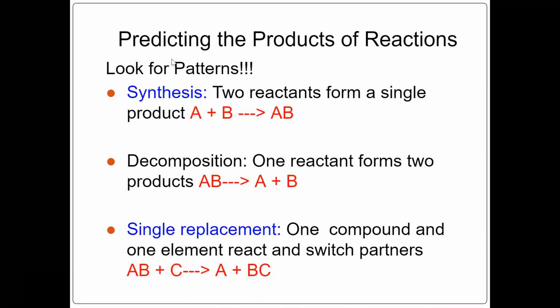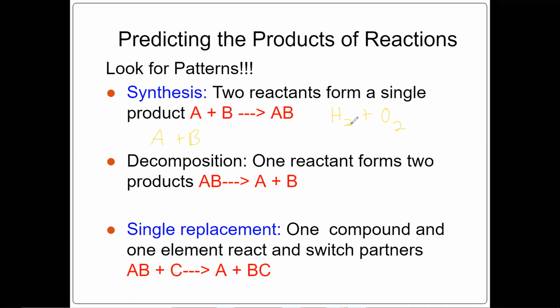So that's where recognizing what's going on on the reactant side of an equation is really, really important, because with a synthesis, you're going to have A plus B on the reactants side. So the example I gave you in the notes was H2 plus O2.